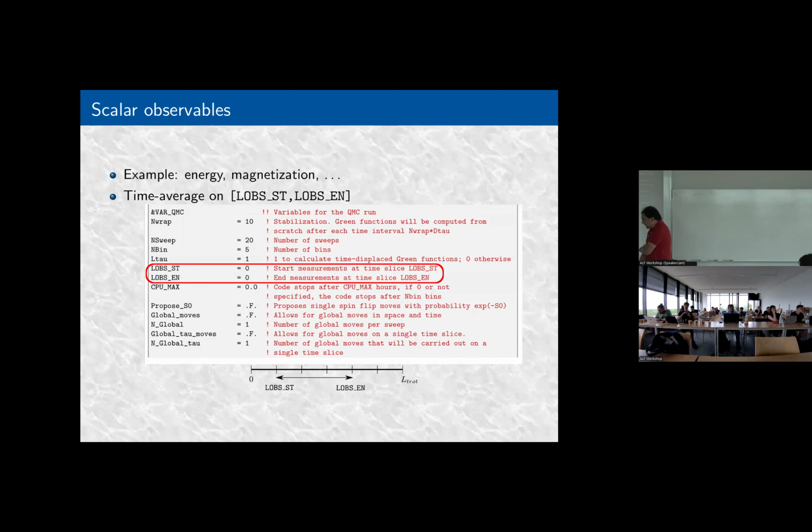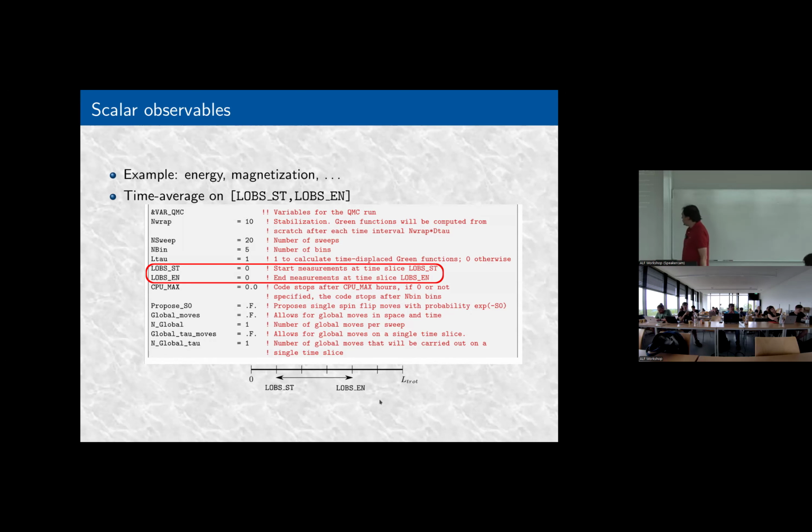We have basically three types of observables. One are the so-called scalar observables. These are observables like the magnetization, the energy, so simple numbers. During the Monte Carlo sweeps, the program does an update sweeping the time slices into which the imaginary time propagation is sliced, from 0 to L trot.